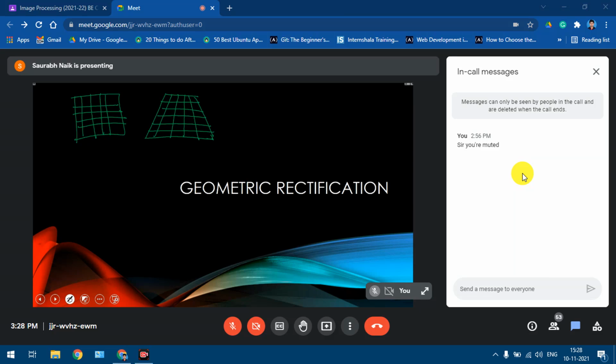If your answer sheet or the paper was on a flat surface on a table, let's say, but when you were clicking the picture, your phone was not exactly parallel to the surface, you would get something like this. That is, the top parts of the image would come smaller compared to the lower parts, or the other way around.